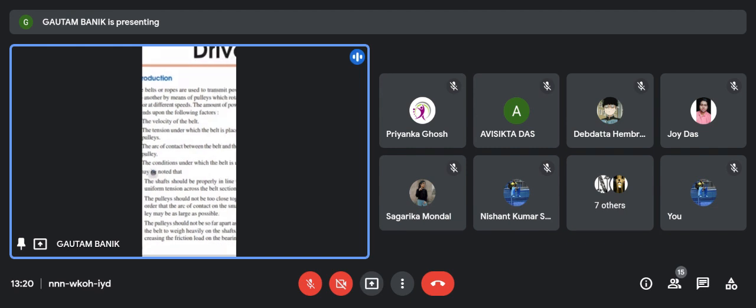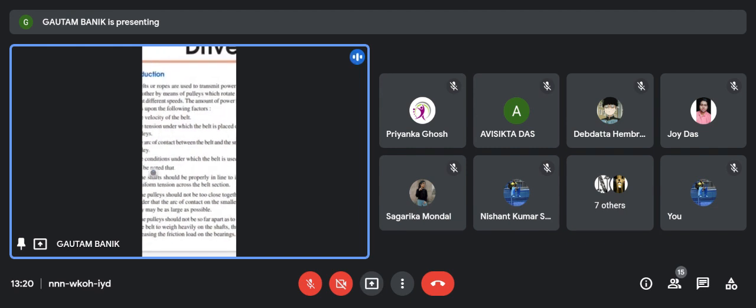The condition under which the belt is used. It may depend on the temperature also, and machining allowance, etc. That is the other parameter. It depends on how the belt is used, and the type of belt material is another factor.